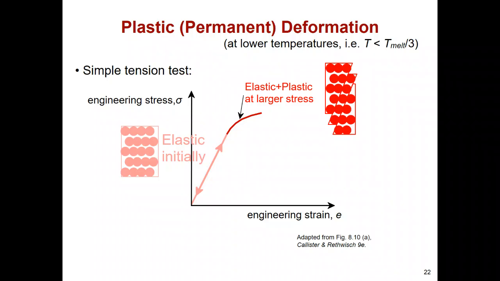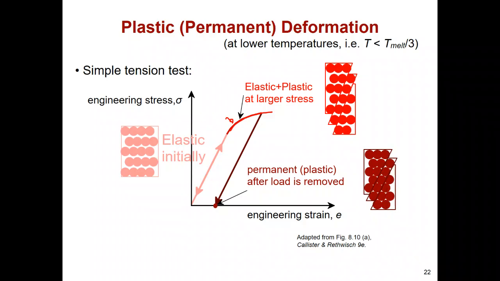At that time we say the solid is under plastic deformation. But this plastic deformation is combined with elastic deformation, so the slope slightly decreases and the linear relationship is broken. After unloading, the material returns slightly, but it has some permanent strain, which we call plastic strain.